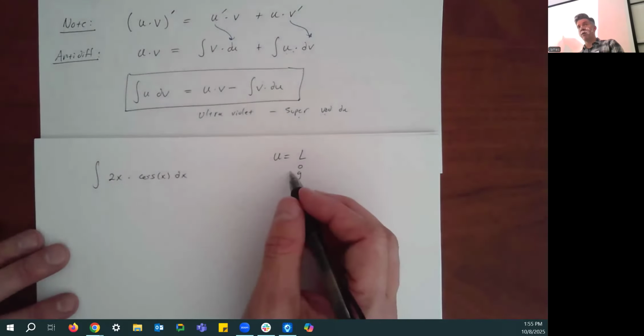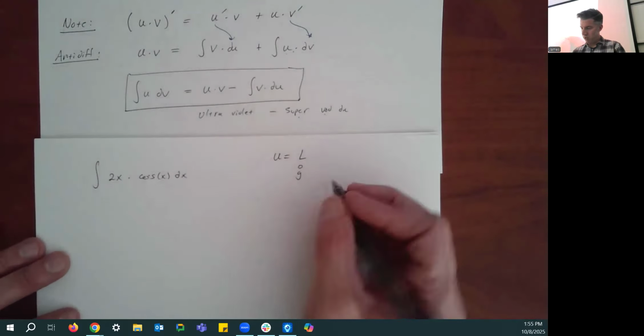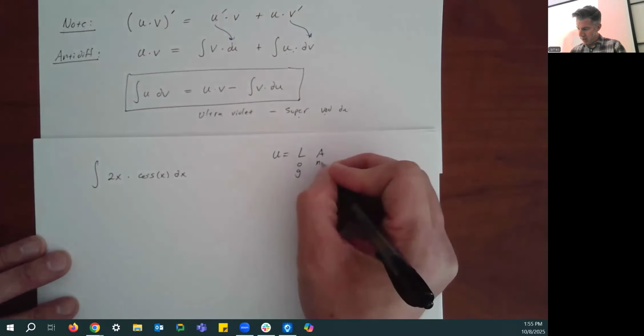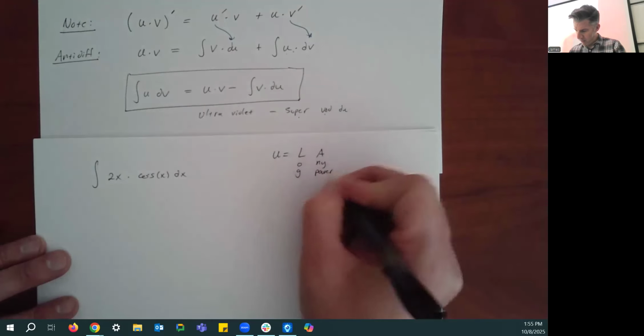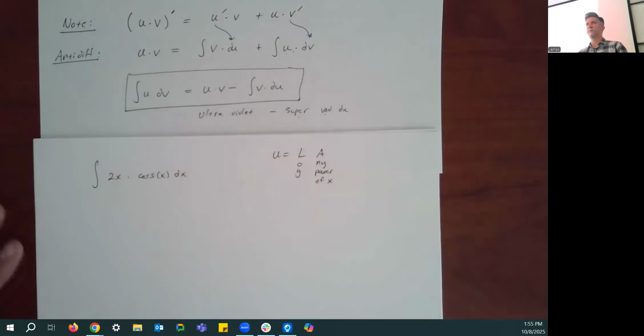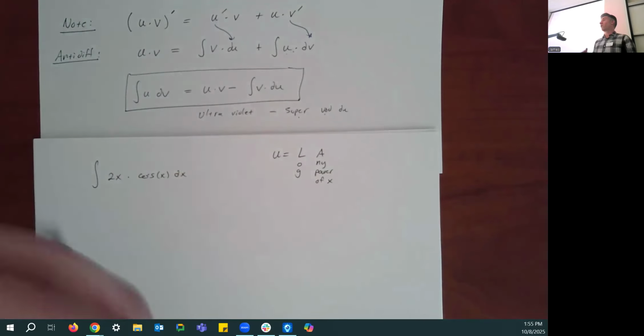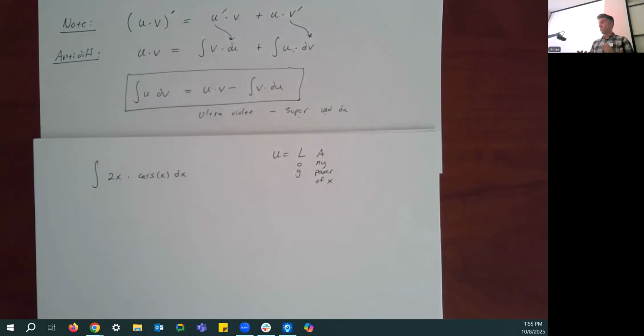If you don't have a logarithm, then you want to pick u equal to, people like to say an algebraic term. I like to say any power of your variable, and usually x, but whatever your variable is. So like x to the third, x to the fifth, the square root of x, which is x to the 1/2, 1 over x, which is x to the negative 1. Those are all great choices for your u because their derivatives are relatively not terrible.